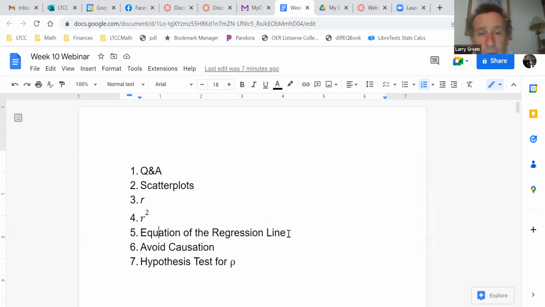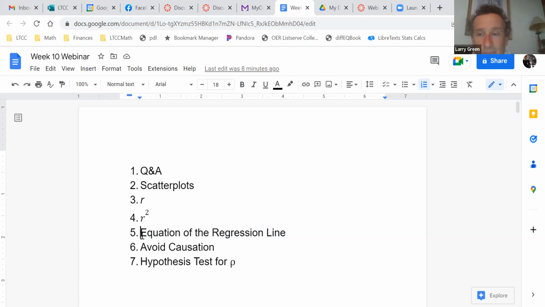And then we'll get into the equation of the regression line. So we're going to be looking at regression analysis today. That's what chapter 12 is. And it has an equation. It's a line. And hopefully you remember from some time, not in this class, that when you're looking at a line, it has a slope and it has a y-intercept. So we'll talk about that slope and that y-intercept and how to interpret it and use it.